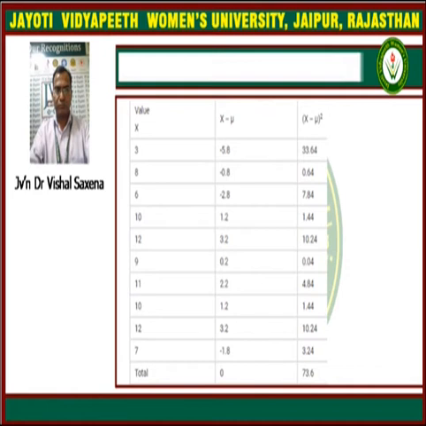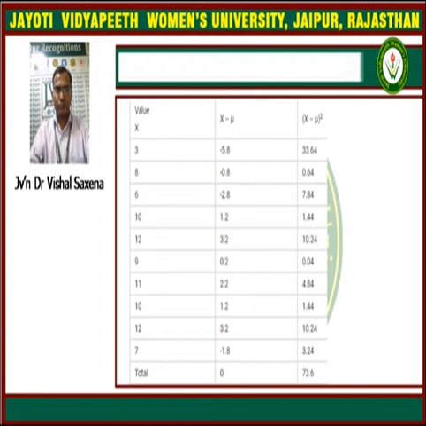Next data is 8, so 8 minus 8.8, that is minus 0.8. Third value is 6, so 6 minus 8.8, that is minus 2.8, and so on. In this way we have to find all the deviations x minus mu.